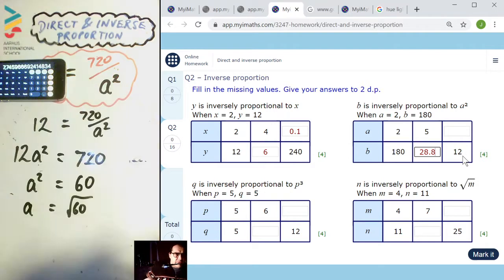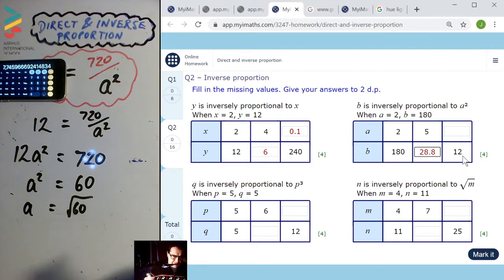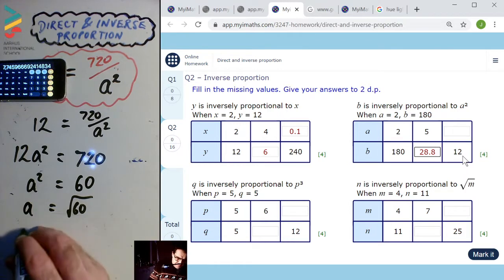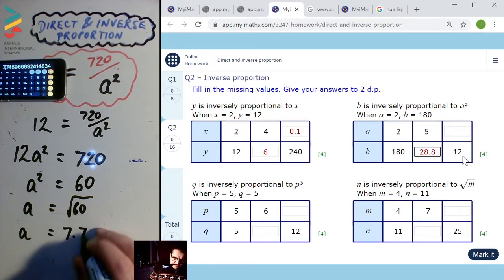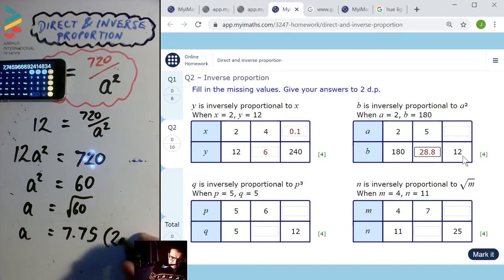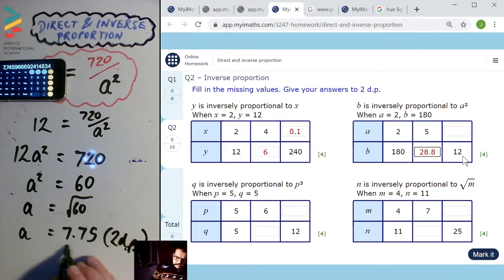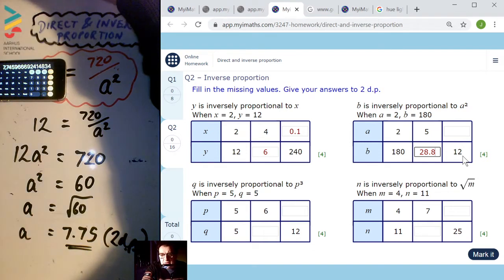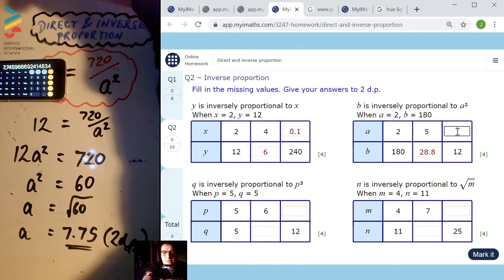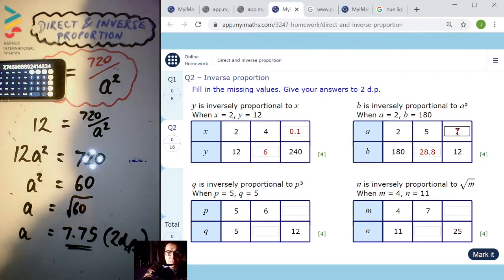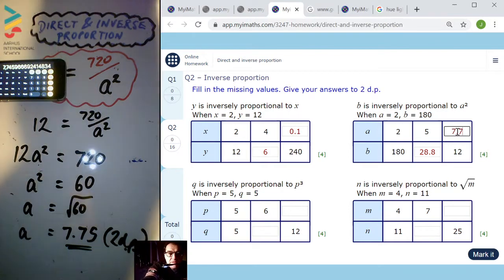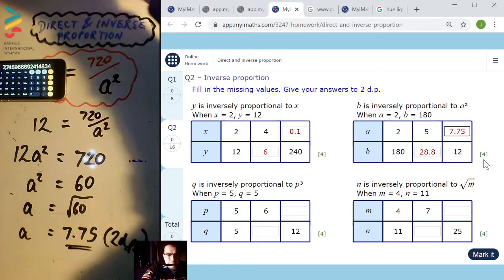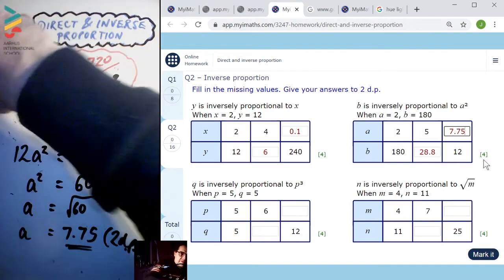So to 2 decimal places, that will be 7.75. A equals 7.75 to 2 decimal places. Okay, so let's fill that in on here. 7.75. And on to the next one.